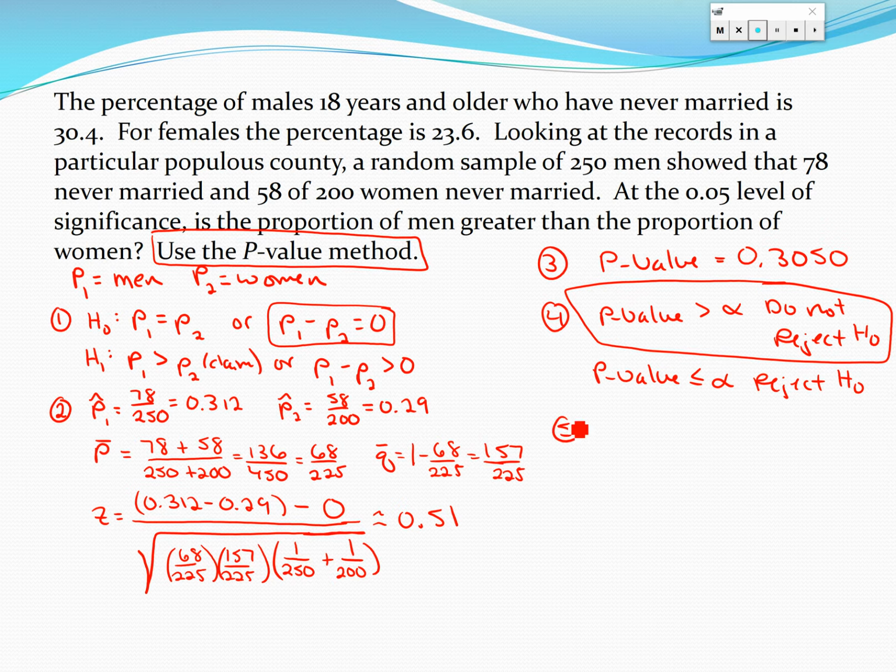Then step number 5, we didn't reject the null hypothesis. So that means I can't support the claim that's sitting in the alternative.